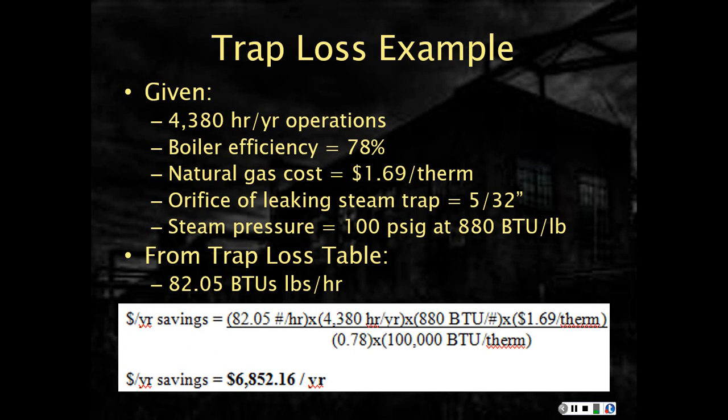My steam pressure is still 100 psig, and that's 880 BTUs per pound if I go to the steam table and look it up. From the trap loss table, I'm still losing that 82.05, and that should be pounds per hour. And I plug it into the equation, and I get $6,852.16 per year.